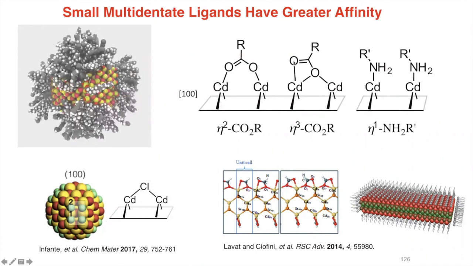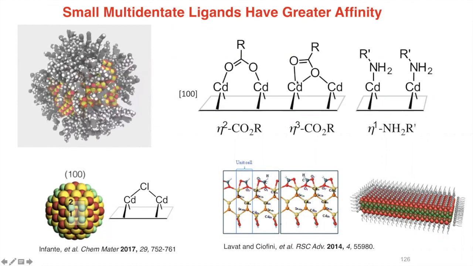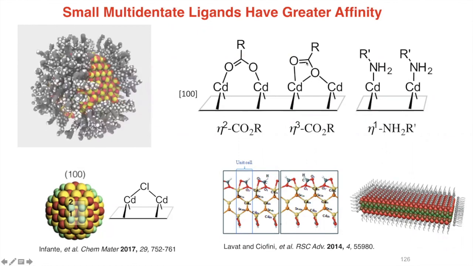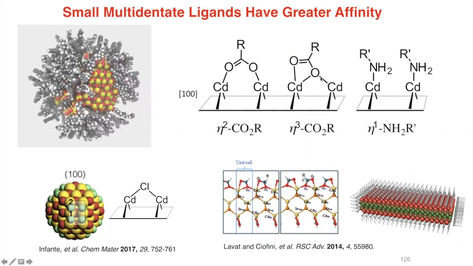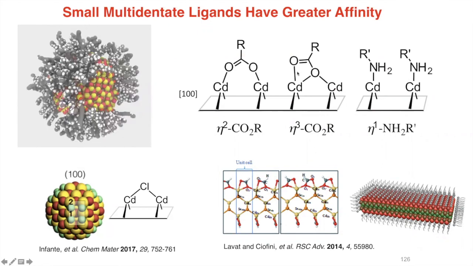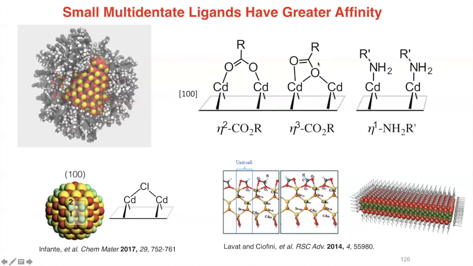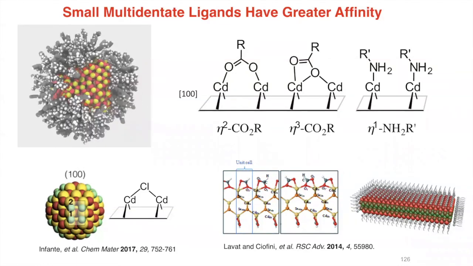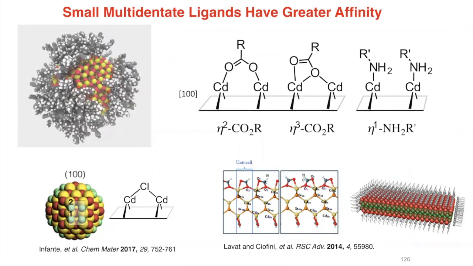And a carboxylate, it turns out, snaps right into place between those 2 cadmium ions where one of the oxygens bridges nicely while the other one just chelates. And what that means is that you actually make 3 bonds to the underlying crystal for each carboxylate ligand. And remember that ligand packing effects are very important because of all the steric properties that limit the coordination ability.